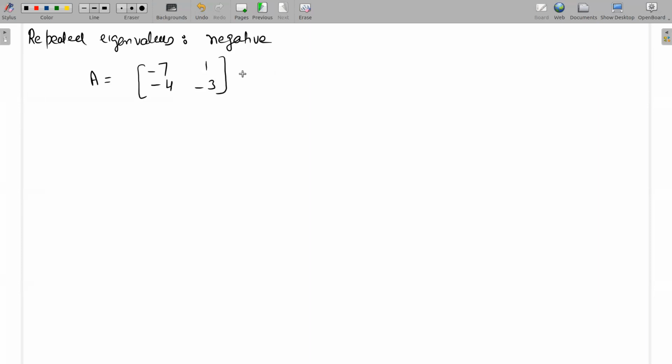You can check that the eigenvalue is -5, so -5, -5, and you can check the eigenvector is (1, 2). So we have a negative eigenvalue, so all solutions go towards the origin. But here we need some extra information.